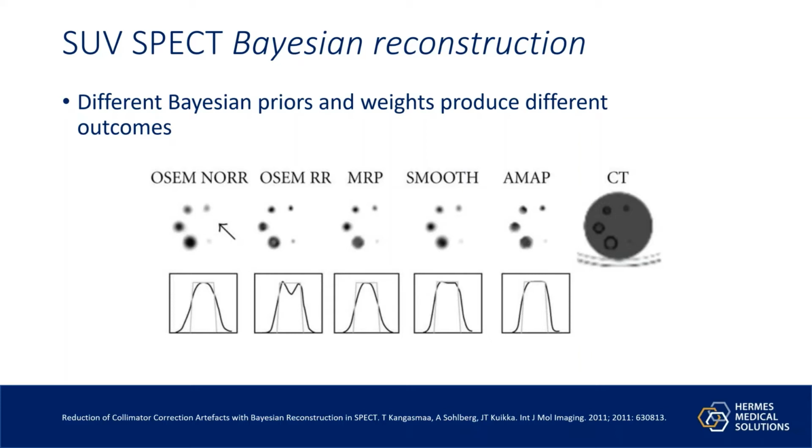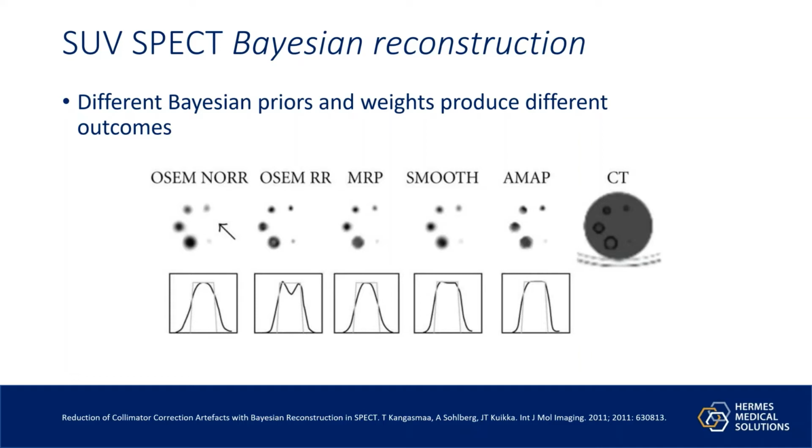Again, a lovely image from the paper. On the left, we have standard OSEM with no resolution recovery. The arrow in this image indicates where there is a missing sphere in the phantom. Underneath that, we see the idealized profile of the largest sphere in the light gray and the measured profile in the black.